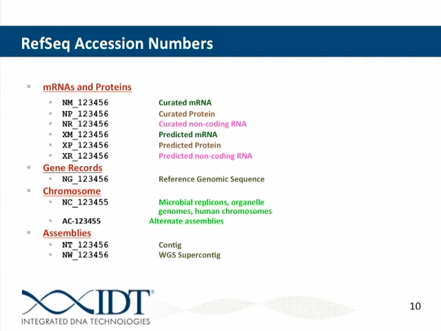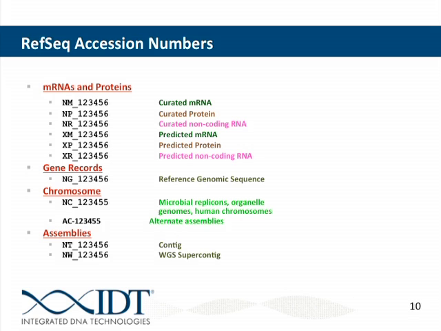So here's just a list of some of those different accession numbers, as I mentioned. Anything that begins with an N, so NM, NP, and NR, has been curated. The M is for the mRNA sequences. Proteins will have an NP, and then the R's will be for the curated non-coding RNAs. Anything you see with an X in front of it is a predicted mRNA, a predicted protein, or a predicted non-coding sequence.